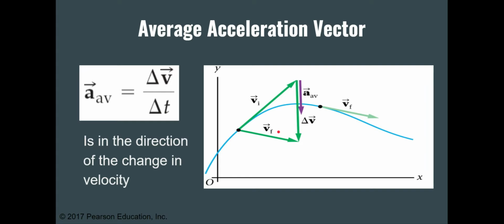I've just simply pulled it over so that the tails of both vectors are connected, and that allows me to find my delta V. And the tail of the delta V will begin at the head of the initial velocity vector, and it will end at the head of the final velocity vector. And our average acceleration vector is going to point in the same direction as the change in velocity vector, not the final or initial velocity vectors, but that change in velocity.